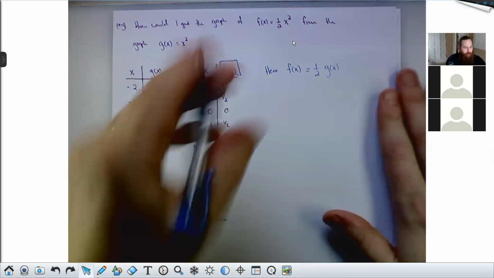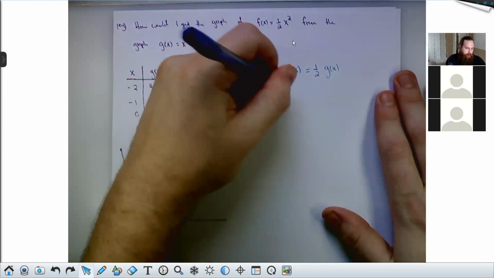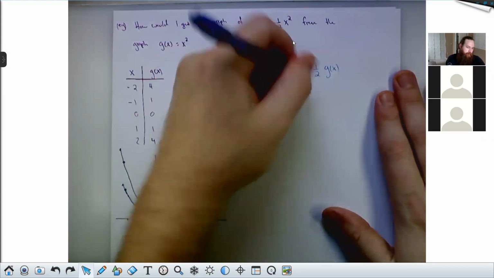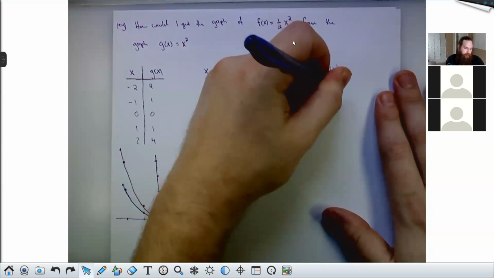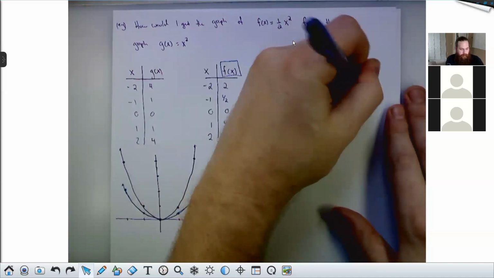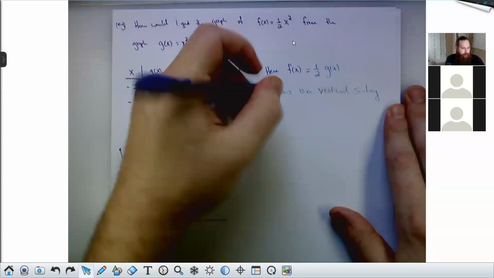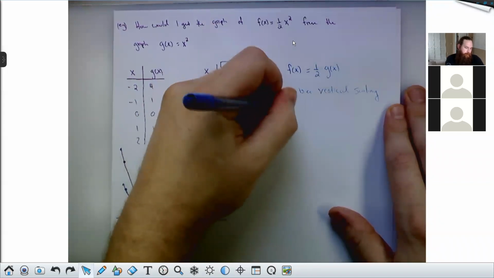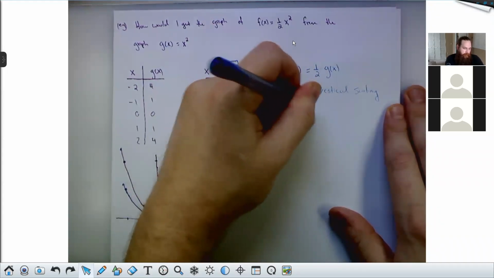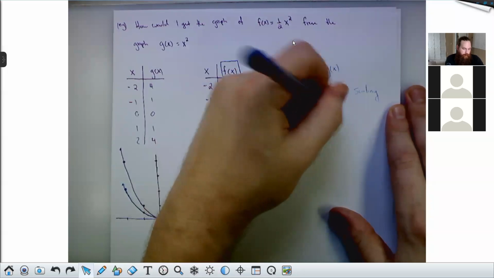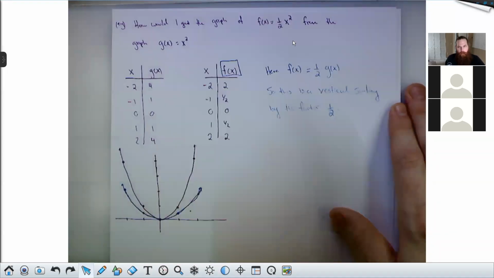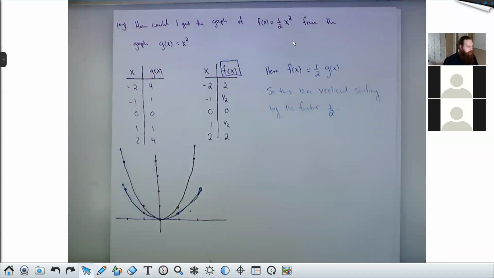So this is a vertical scaling by the factor of 1/2. So I hope this is starting to crystallize. It will take time.